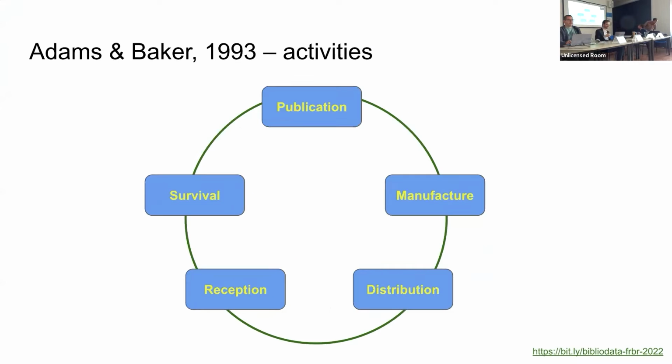This model has got lots of attention, lots of feedback. Darnton gets, and 25 years later he published another article which reviewed the previous article, and he mentioned one critic, Adams and Baker, who made a modification of the model and made lots of details.